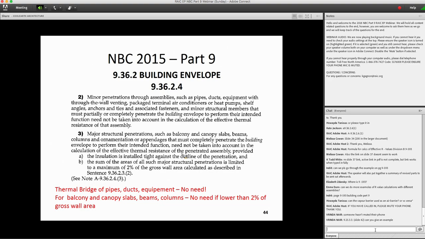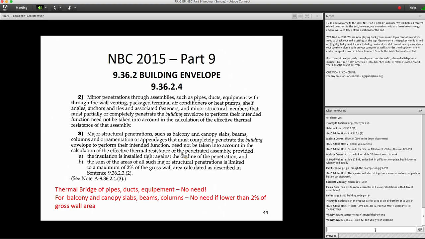The same situation goes for major structural penetrations such as balcony and canopy slabs, beams, columns, and ornamentation or appendages that must completely penetrate the building envelope to perform the intended function. They need not be taken into account for the calculation of the effective thermal resistance of the penetrated assembly, provided the insulation is installed tight against the outline of the penetration and the sum of the areas of such major structural penetrations is limited to a maximum of 2% of the gross wall area calculated.